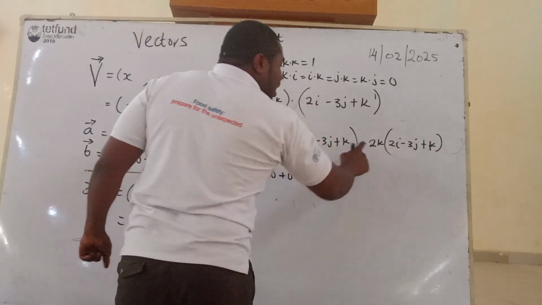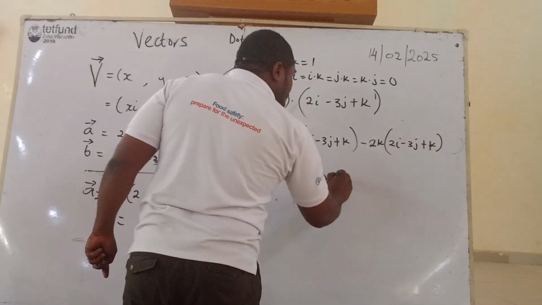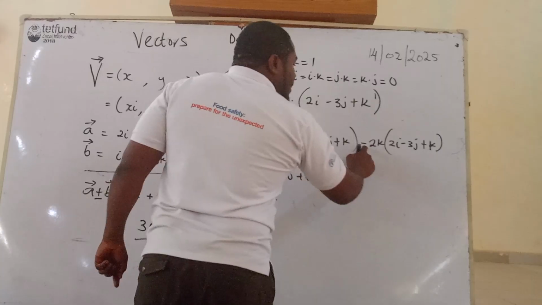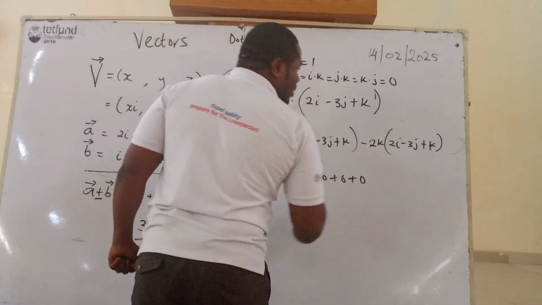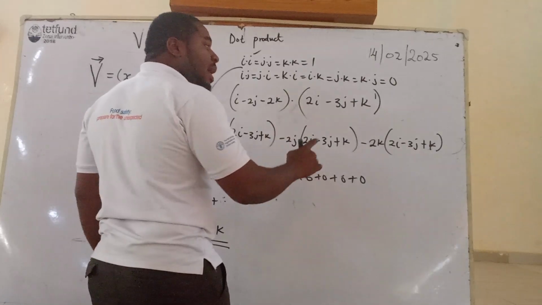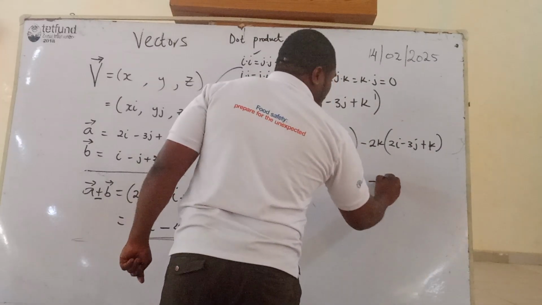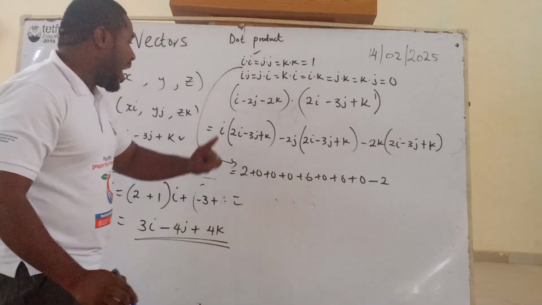Similarly, 2k multiplying 2i is plus 0, and minus 2k multiplied by minus 3j is also plus 0. While minus 2k multiplying k is going to be minus 2. Fantastic.